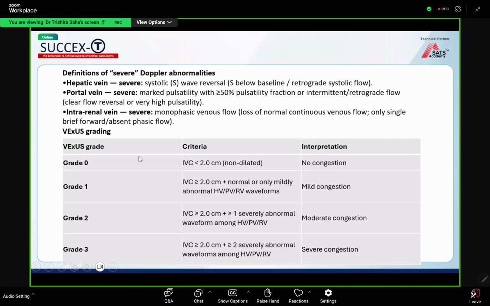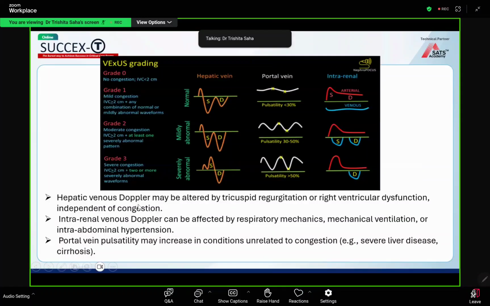What does severe mean? Before writing, you have to define the severe Doppler abnormalities. If you explain, the examiner will know that you know what the S wave and D wave are. After writing all this, you can write about the caveats of VExUS, the pitfalls. The hepatic venous Doppler might be altered in tricuspid regurgitation or right ventricular dysfunction independent of congestion.